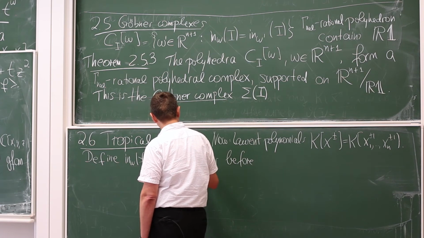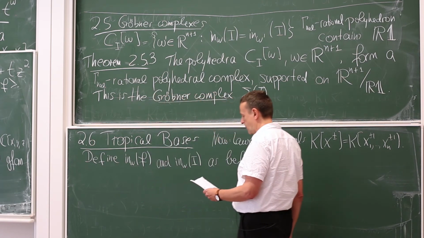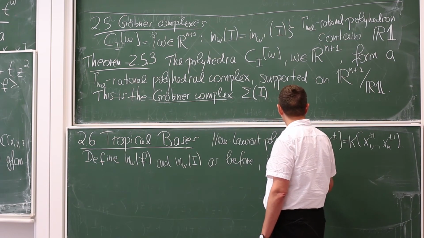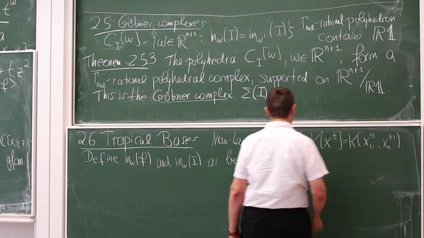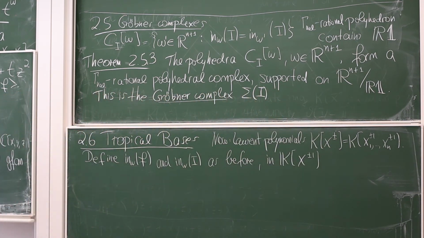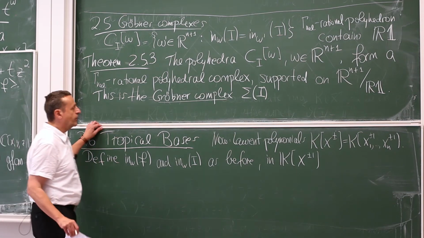So there's certainly a well-defined notion of initial form, initial ideal, and these objects, as before, will be in the same ring, but now with coefficients in the residue field. So this extends; for this part we do not need homogeneous ideals. We can work with Laurent polynomials, an ideal of Laurent polynomials.